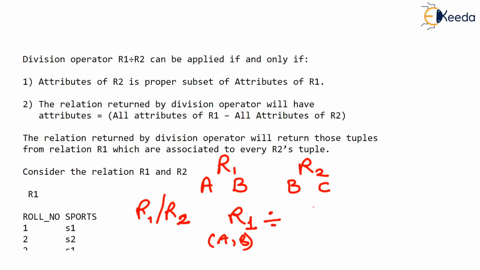But R2 has the C odd man out, which will disobey the rule that R2 should be a subset of R1. Then you can use the project operation and only get B from R2.